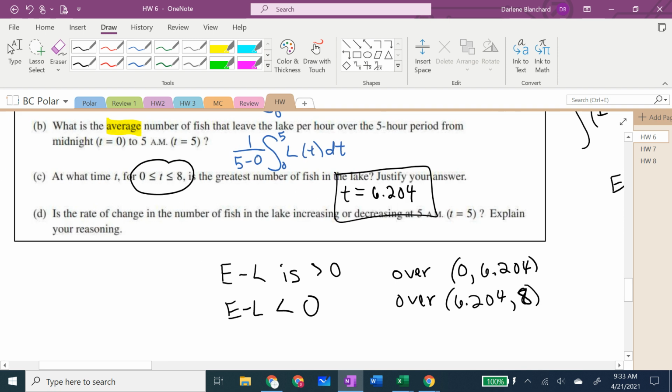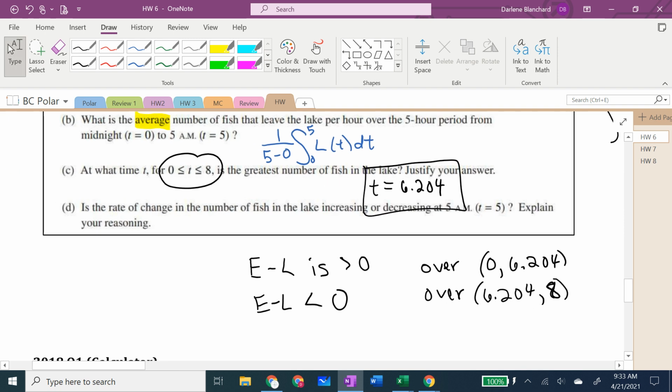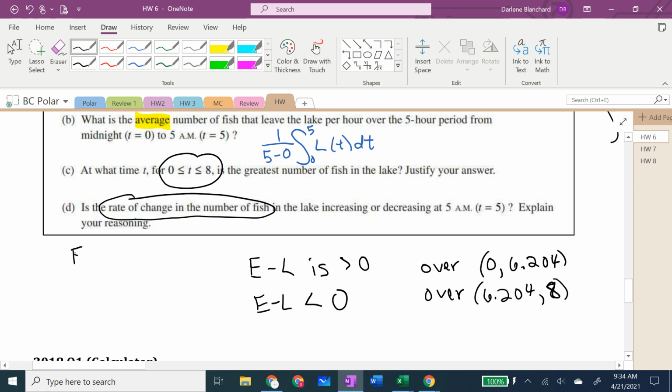And finally, D is the rate of change in the number of fish in the lake increasing or decreasing at a particular time. So, rate of change in the number of fish is E of t minus L of t. And we want to know if that is increasing or decreasing at t equals 5.